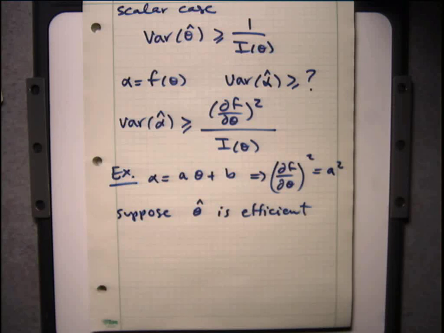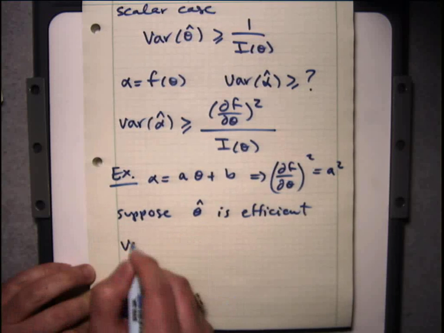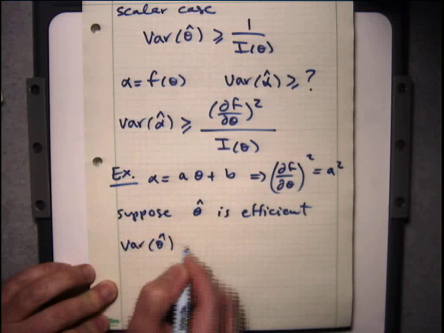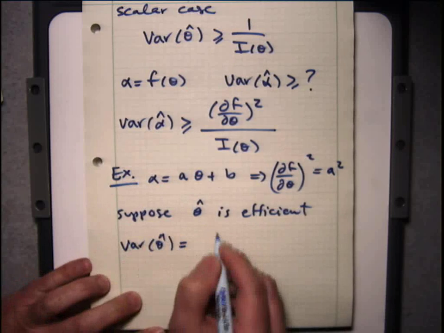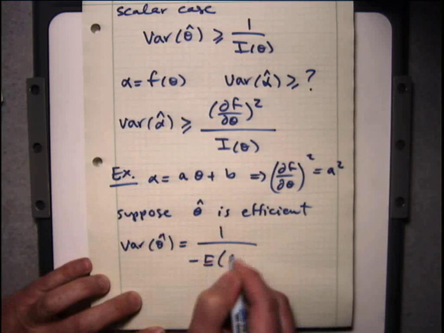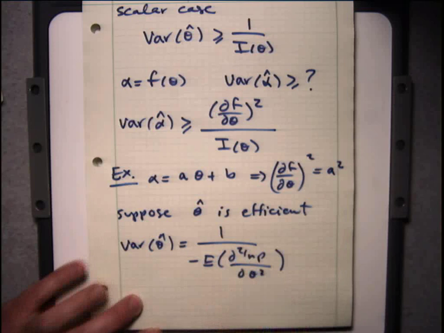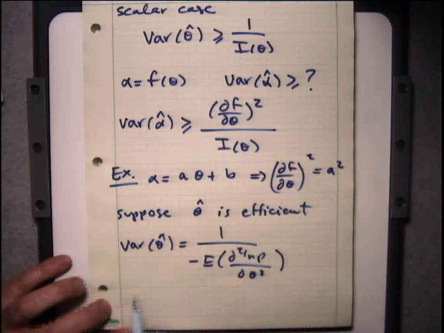This is easy to see, because if theta hat is efficient, then the variance of theta hat achieves the bound, which means it is equal to 1 over minus the expected value of the second derivative of log p with respect to theta squared. Now you just have to ask yourself, what is the variance of alpha hat?